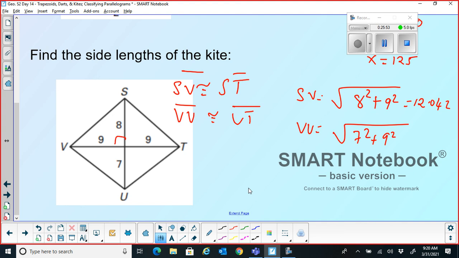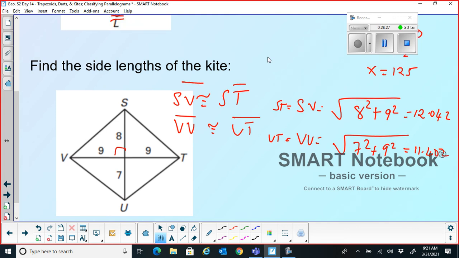And in the case of finding VU, if I take 7 squared plus 9 squared and its square root, I will have VU as 11.402. Okay, this is how we can find the side lengths of the kite. So here SV and ST are the same, and same way here VU and UT are the same. Okay, let's go on to the next slide.